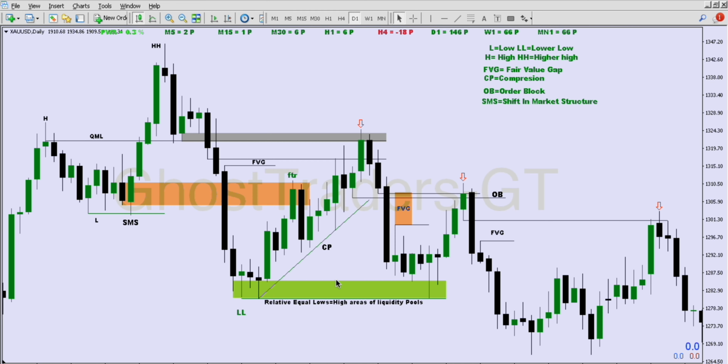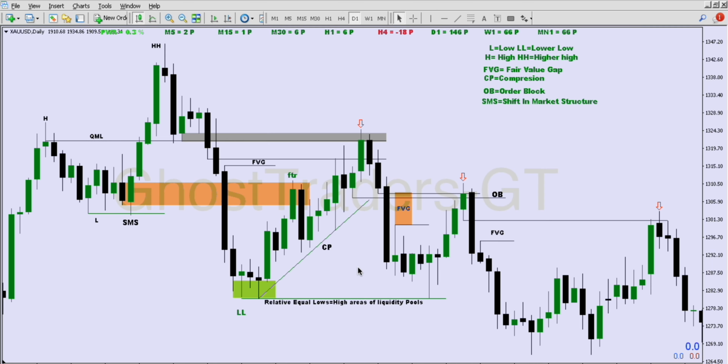That's what we call a rejection block. These wicks here, we call them a rejection block, meaning price will get to this level and you see it not wanting to close below this level. It will just keep on spiking this level and then it quickly moves away from that level.